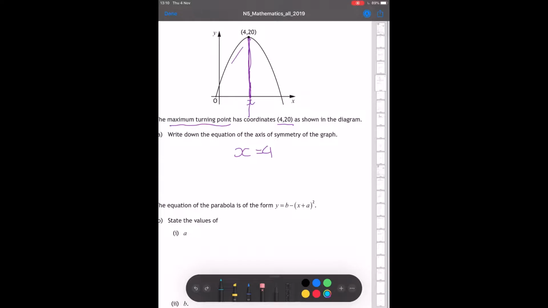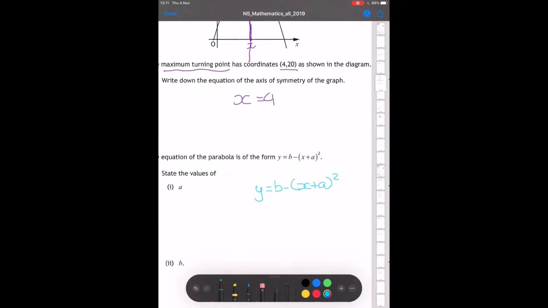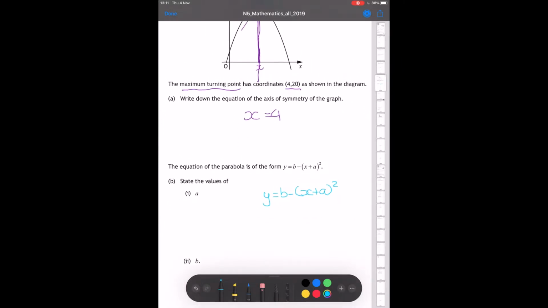So what you should be able to do now is, when you complete the square, in completed square form you can read the turning point off. Hence, if we have the turning point, we can put that into completed square form, or we know what the values of a and b would be.